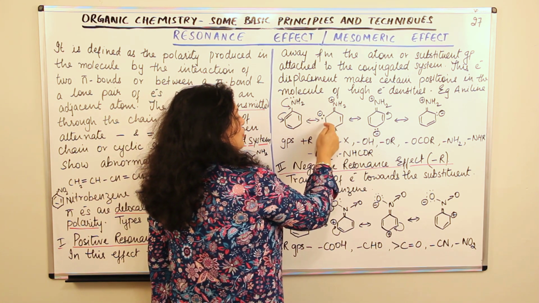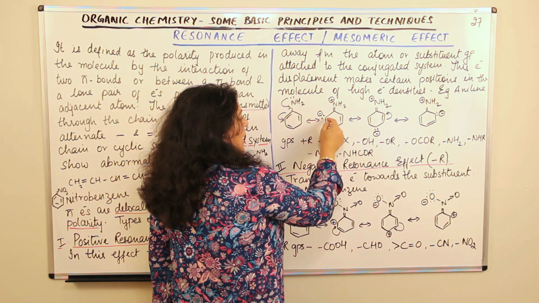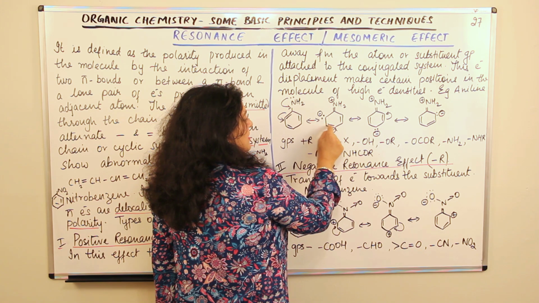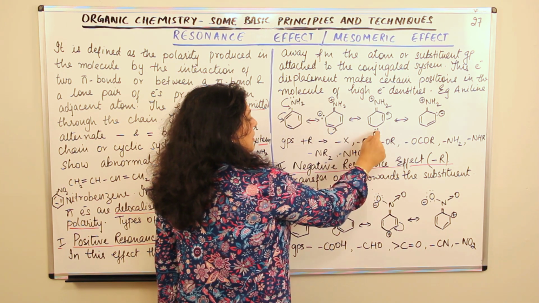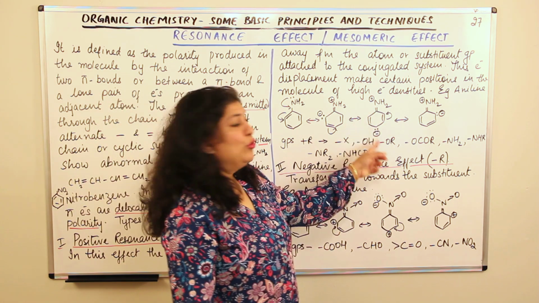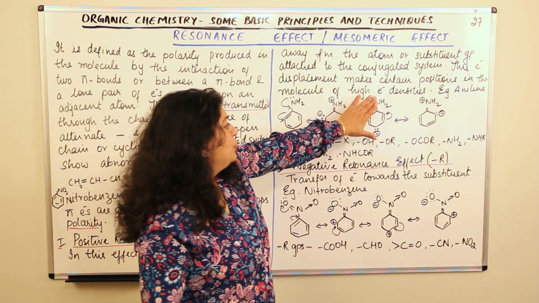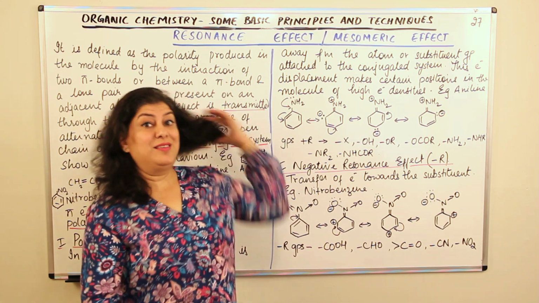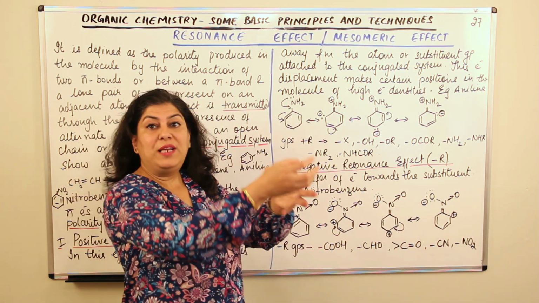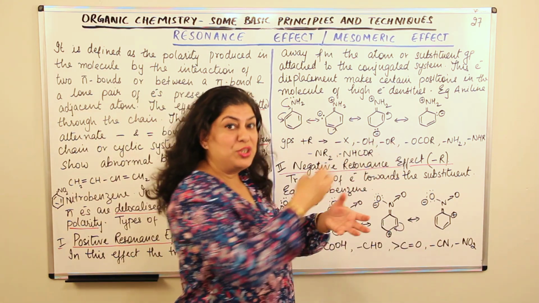This lone pair of electrons will shift to the next bond and form a double bond here, while at the same time the same situation arises and the electrons of this bond will come here and the negative charge will be on this carbon, the 4th carbon on the opposite side. Now you see, nitrogen had started this process, and this process is now being transferred to the next bond, it is being carried over.